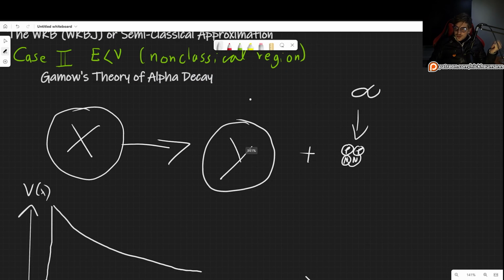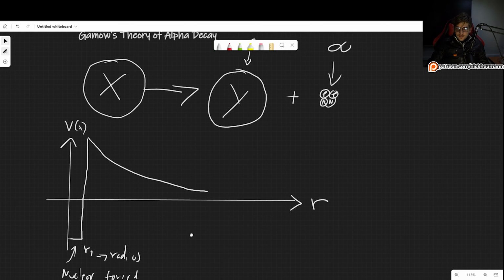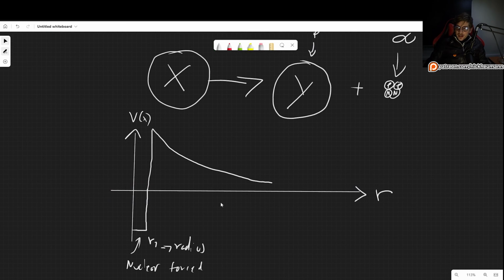You have a bunch of protons and neutrons as well, of course, but they are neutrally charged, so they don't really matter that much. So you have protons here and protons here, so they will repel each other. So as soon as it is outside, it will feel this repulsive force. And the further away it gets, the smaller the potential will be, and thus, of course, smaller the force. So this is basically what models our situation.